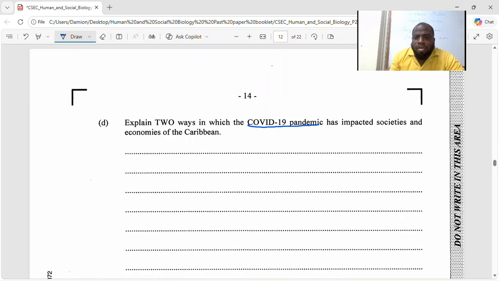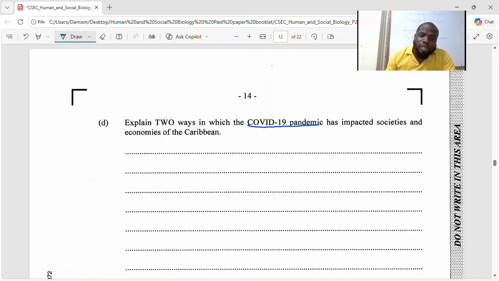Now, when you think about the society and the economy, definitely we're talking about the social implication, what had to happen, and also the economies. We speak about the aspect of money. So how is it that the COVID-19 pandemic would have caused the country to lose revenue, lose money?